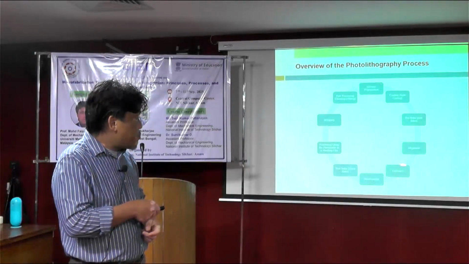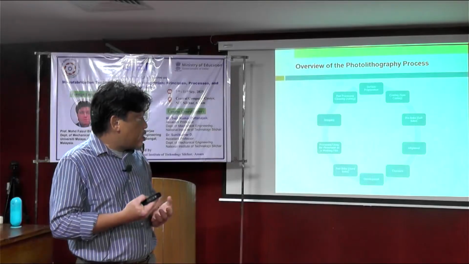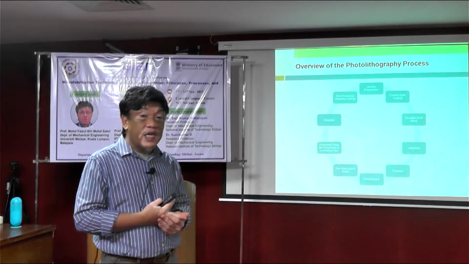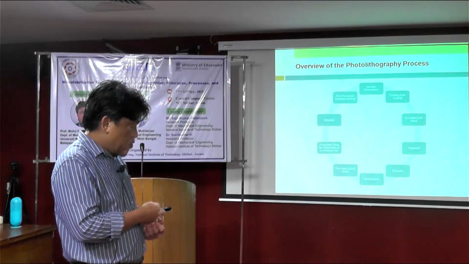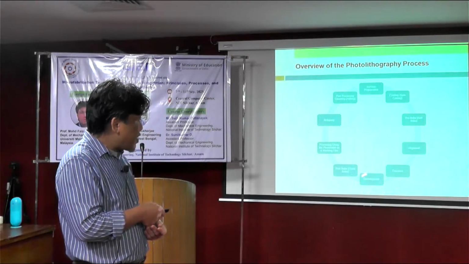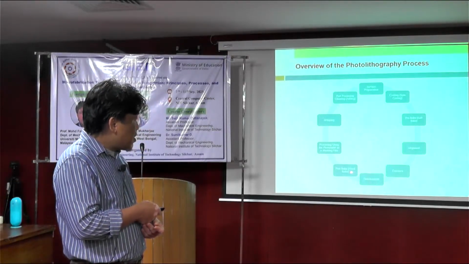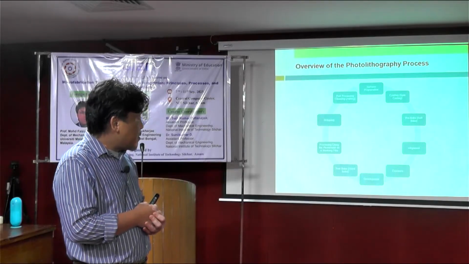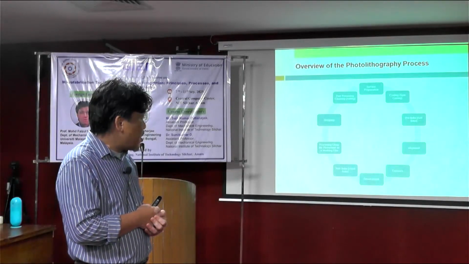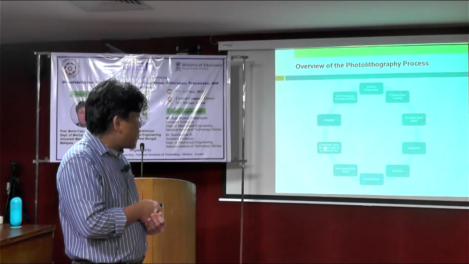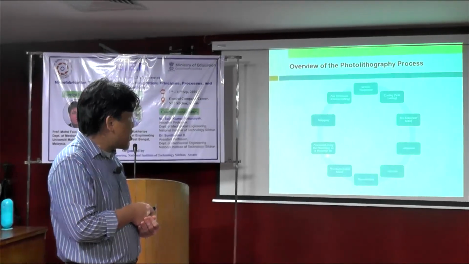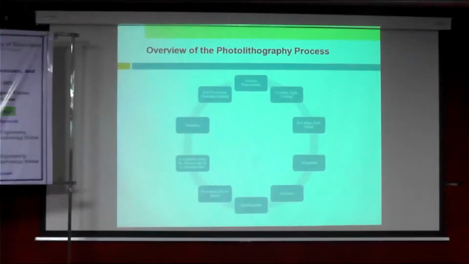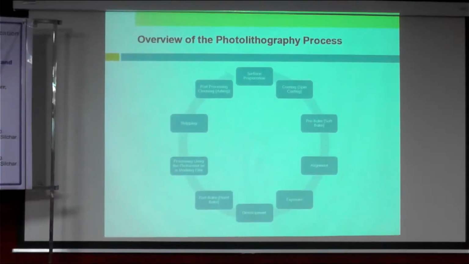Then exposure, meaning to expose the mask and the photoresist to the light, UV. Then you do development to get the pattern. Then you do post-bake, meaning to harden the polymer further, and processing using the photoresist as the masking film. Meaning to say, if you have your structure, then that photoresist will be your mask.